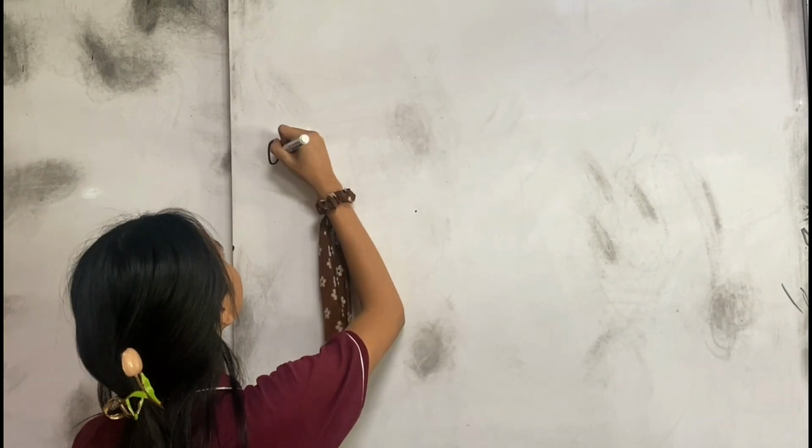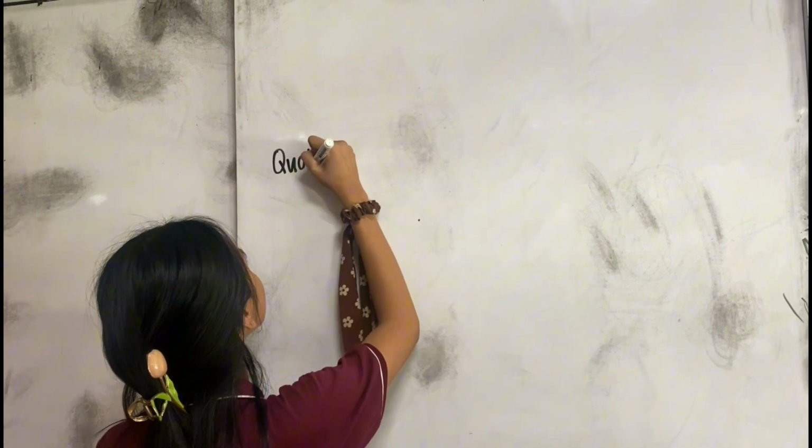So the last rule is the quotient rule. Let me write an example for you to better understand this rule.